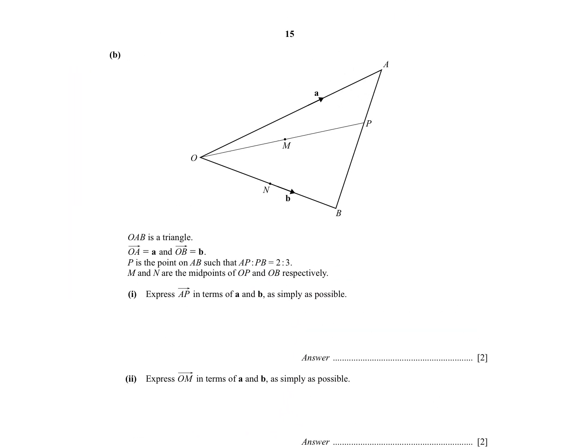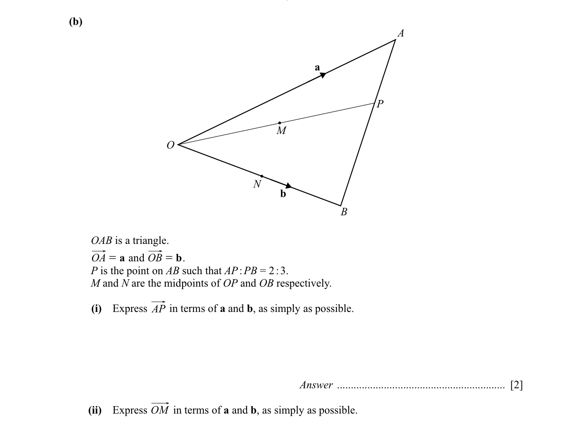Okay, next one is this kind. So specimen paper test both. I want to find what is AP, and the question says AP is 2 units, and then PB is 3 units. So I want to know what is the 2 units only. What I can do is find the entire AB first.